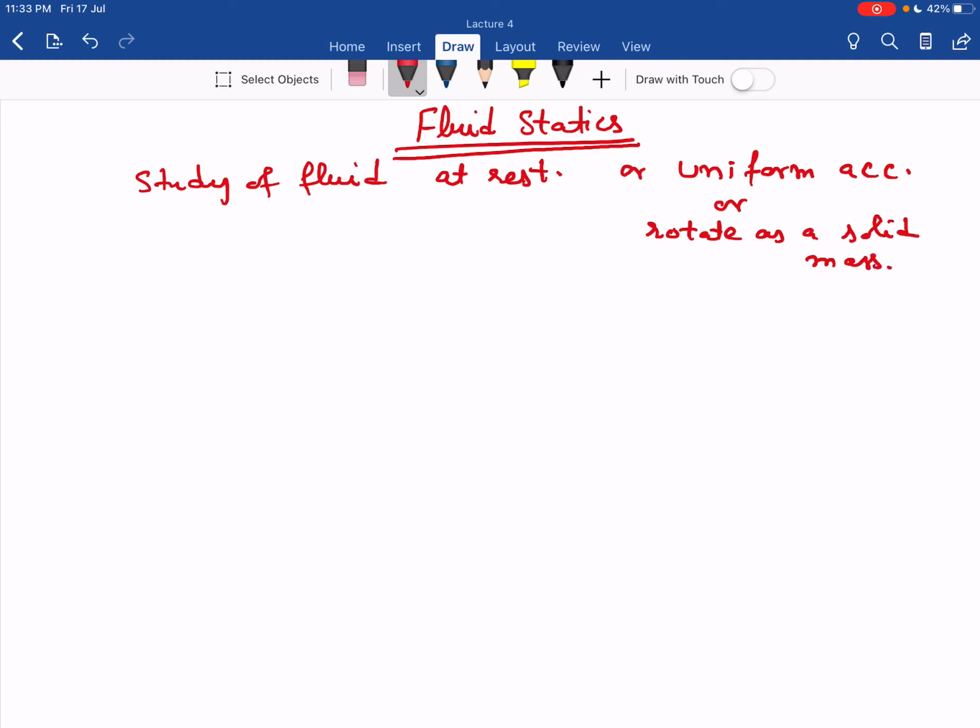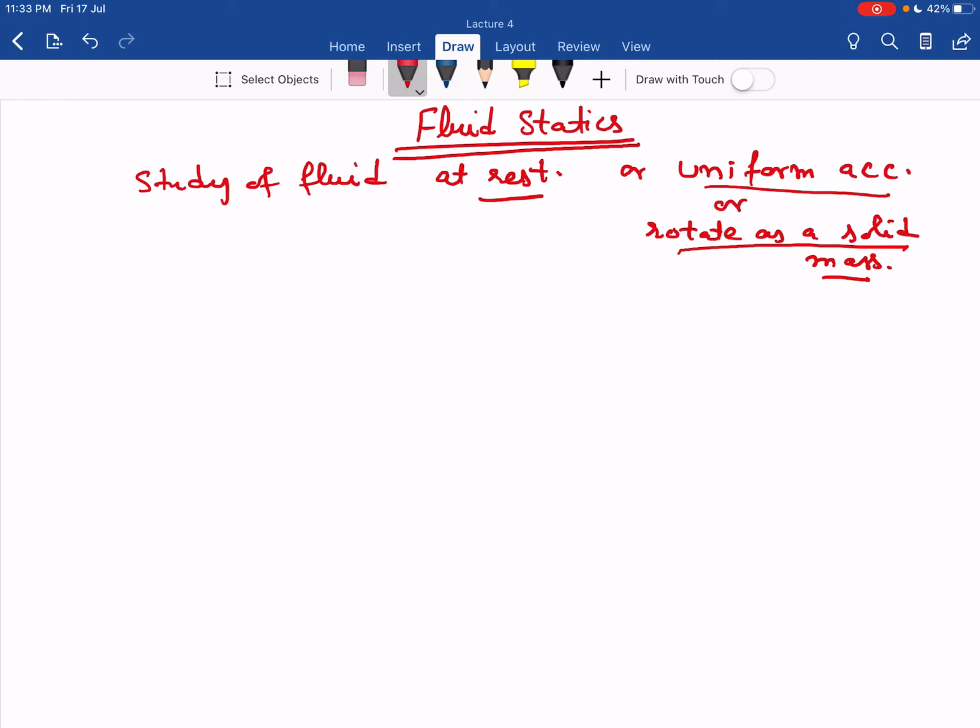So fluid statics means study of fluid at rest, or the fluid which is moving with some uniform acceleration, or fluid rotates as a solid mass with the container. So study of all such type of fluids comes under fluid statics.